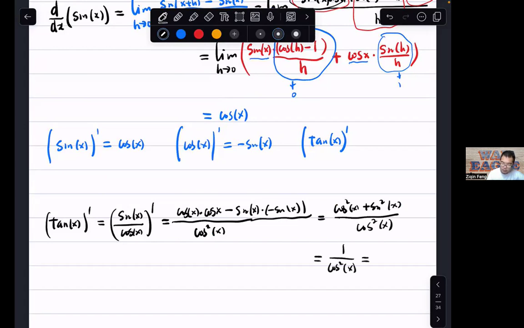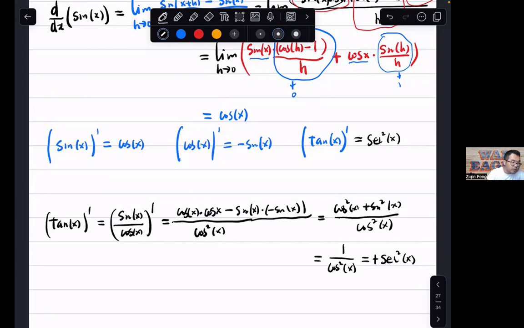There is a better way to write this down: secant squared of x. Because secant is 1 over cosine, tangent prime is basically secant squared of x.